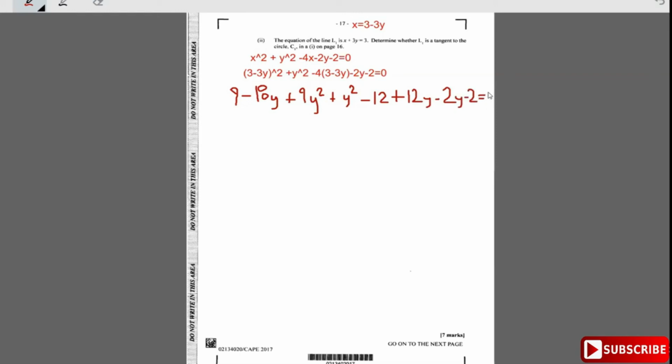Nice and easy. Now all we need to do is add up our like terms. 9y squared and y squared is 10y squared, and then we have minus 18y plus 12y is minus 6y, minus 6y minus 2y is minus 8y.